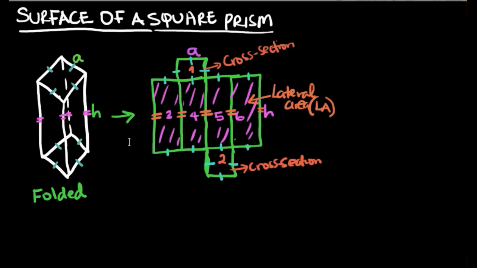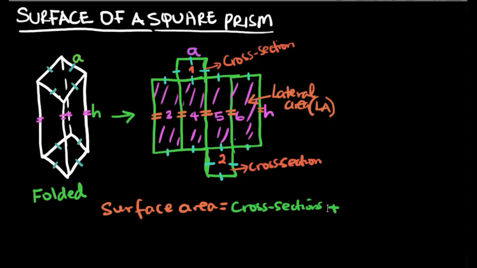Now let's figure out the surface area of this square prism. To get the surface area, we have got to get the area of the cross sections plus the lateral area.